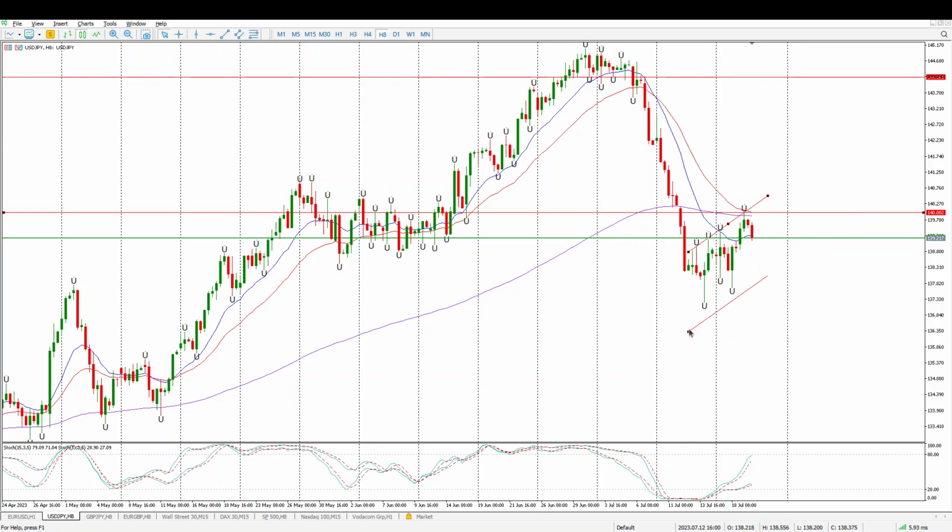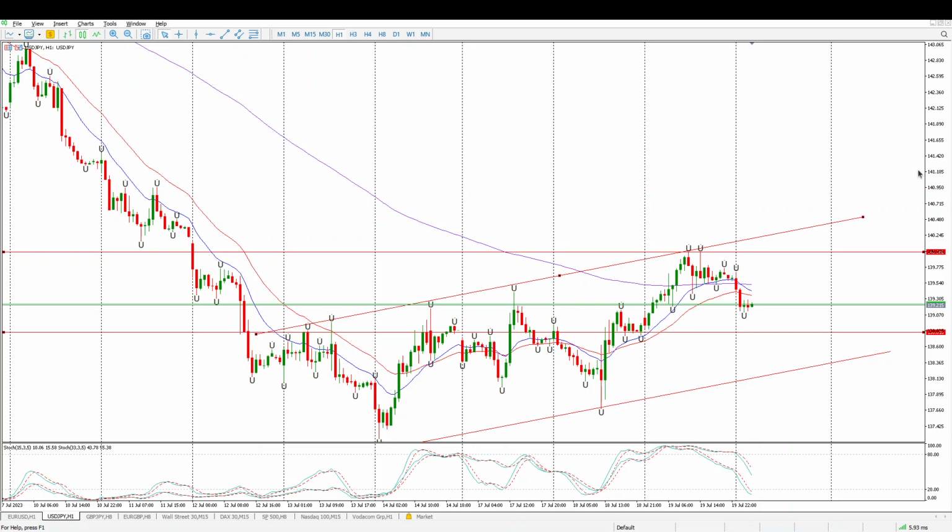So if you just look at that flag, we have got 1, 2, 3, 4 touches on the top, 2 on the bottom. That's more than 5, which always is a valid setup. So I'm just going to take that swing low there. That would be the level we need to pay attention to, and then drop down here.